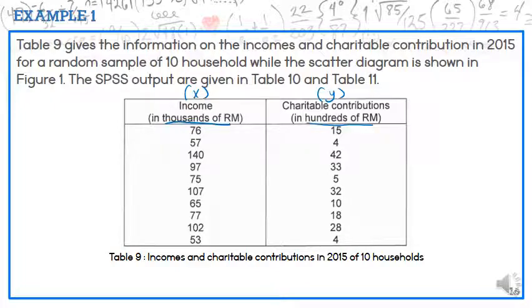So you have 1, 2, 3, 4, 5, 6, 7, 8, 9, and 10 pairs of observations. So here, your n is 10. You have 10 pairs of observations, 10 pasangan nombor.